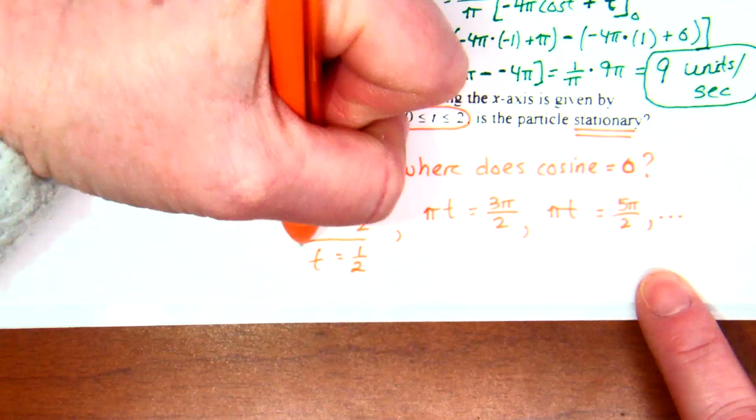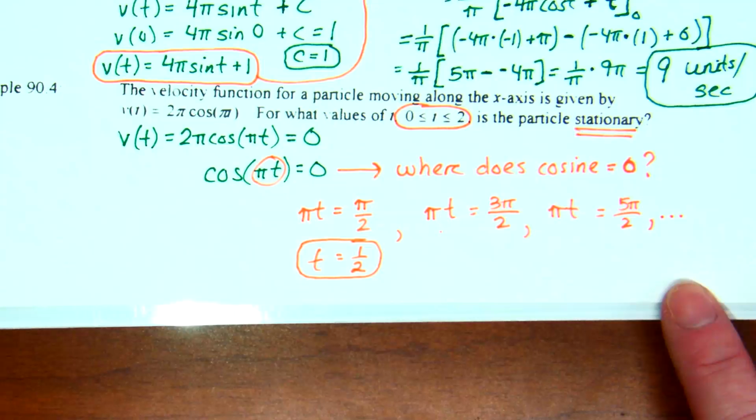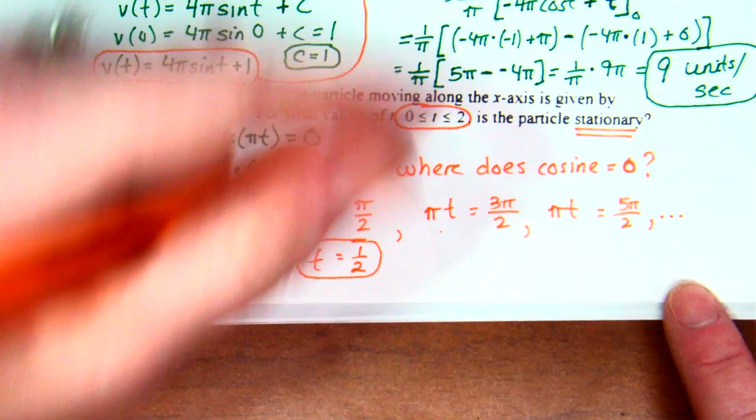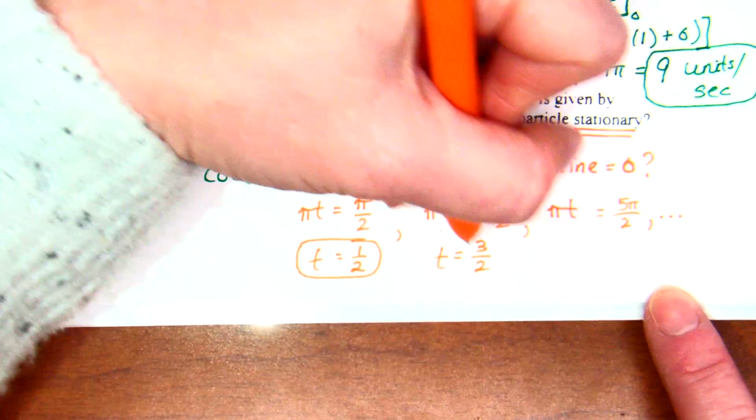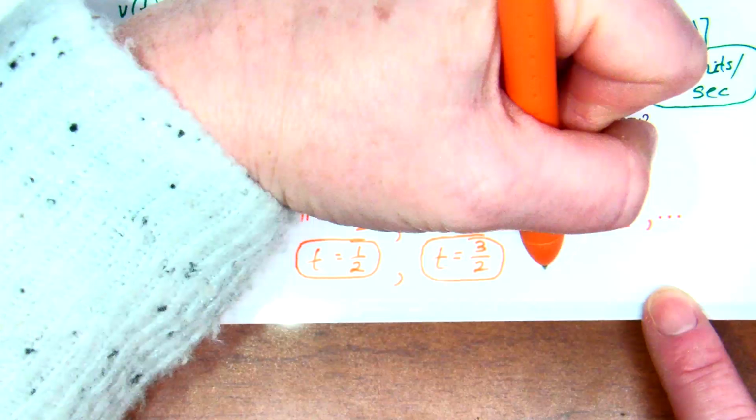Yeah, it's from when time is between 0 and 2. 1/2 is a valid option. What about pi t equals 3 pi over 2? Divide by pi, and t is 3/2. Does 3/2 matter? Yeah, that's 1.5. That's in the interval between 0 and 2.